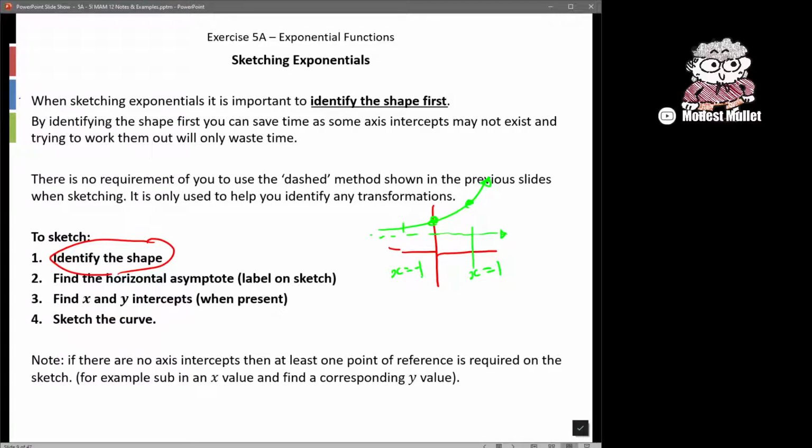And yeah, sketch the curve. So that's your suggested steps to work through. As it says down here, if there's no axis intercepts, then at least 1 point of reference is required on the sketch. I still really like, even if there is one intercept, put in a second point so it has some sense of scale to the shape.